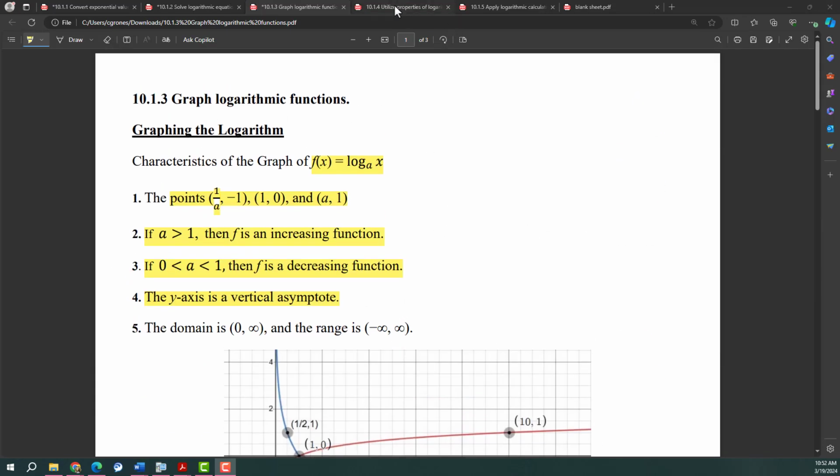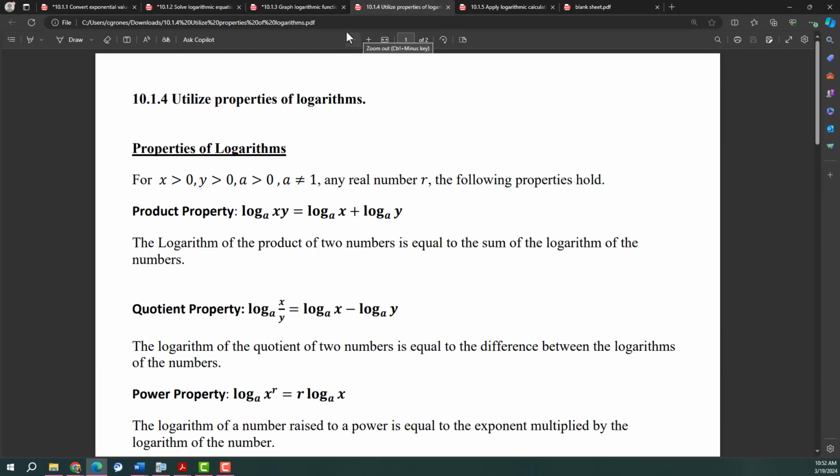All right, for lesson 4, to utilize properties of logarithms. So it tells us some properties. We have the product property. Whenever you have log of a and then x times y, you can change it to the log of a times x plus the log of a times y.